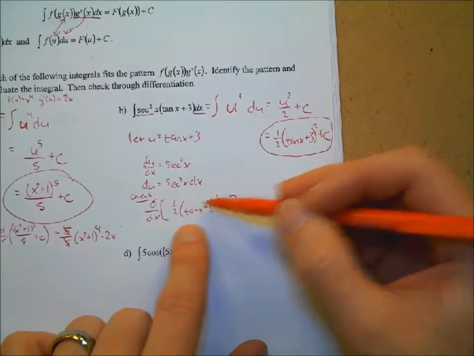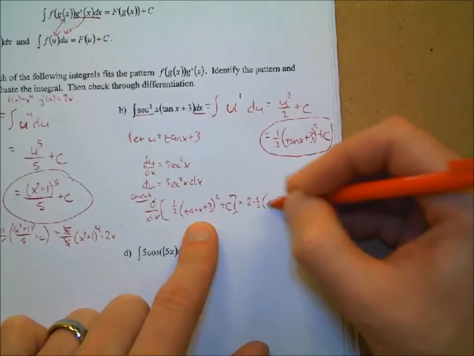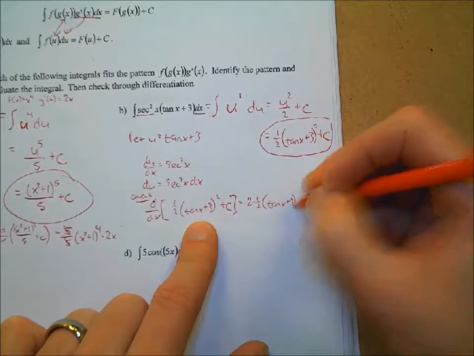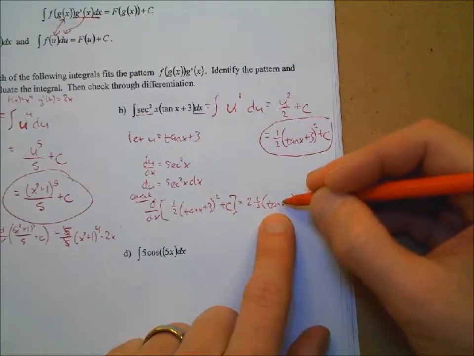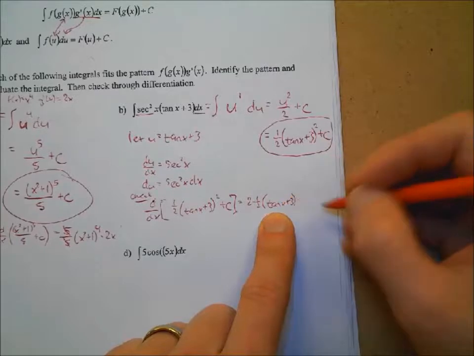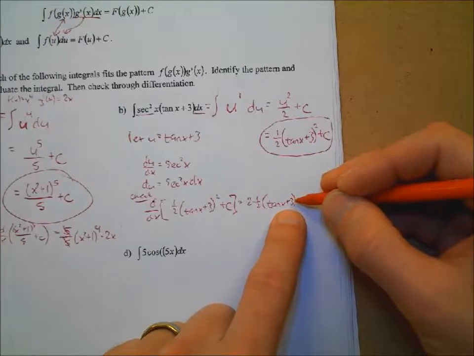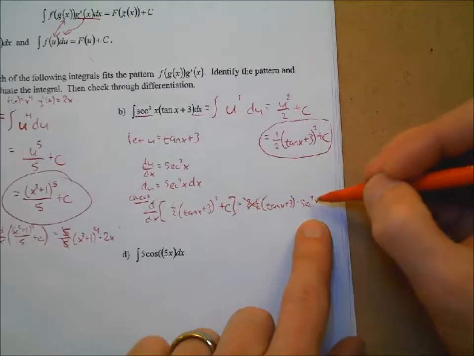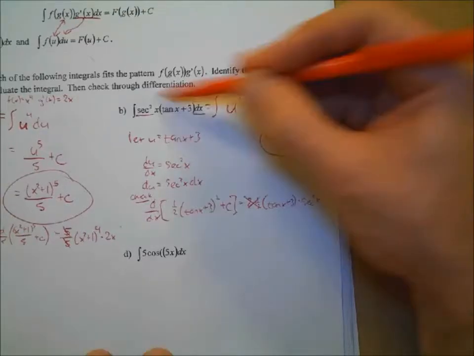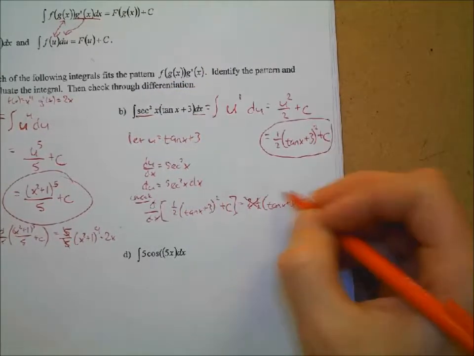Something squared is twice that something times the derivative of the something. The derivative of tangent x plus 3, what's the derivative of tangent of x? Secant squared. And what's the derivative of 3? 0, so it'll be plus 0, so there it is, right? The 2 and the 1/2 cancel, and there's your secant squared times tangent x plus 3, which we have right there. So you can see again, check, it works.